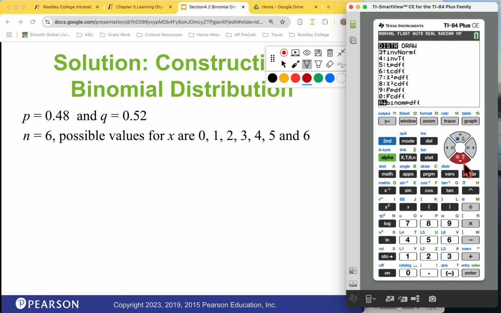I'm going to show you a little trick, and we want the PDF, not the CDF. CDF is going to be cumulative, right? We want the PDF. What is our value for n? 6, comma. What's our value for p? 0.48, or just .48, however you want to do it. And then we're going to calculate each x value, so we'll start with 0.